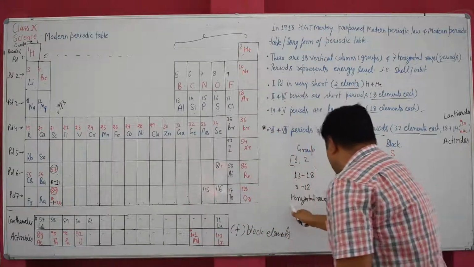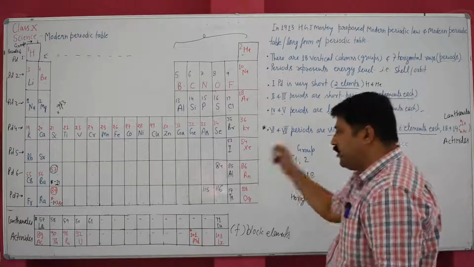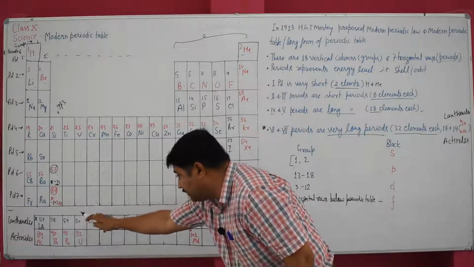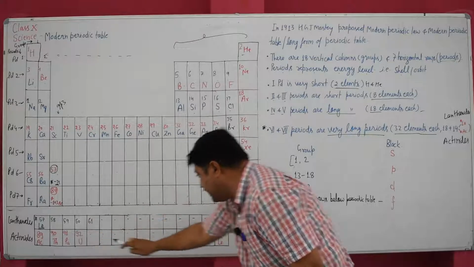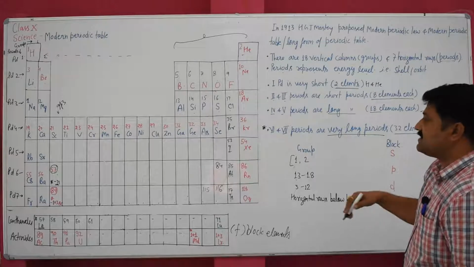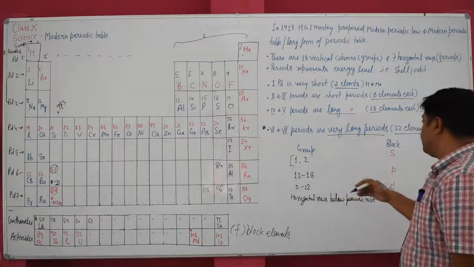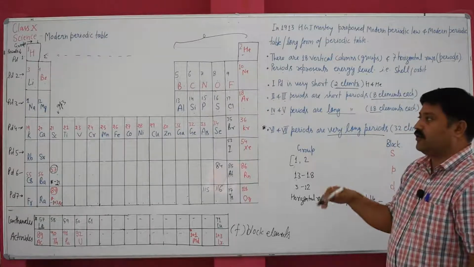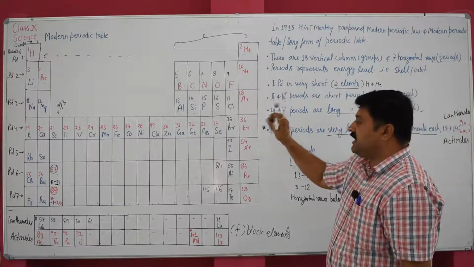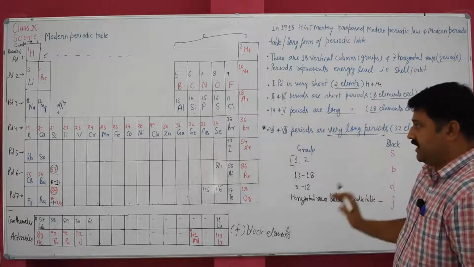And horizontal rows below periodic table, these two, beginning from lanthanum, lanthanides and beginning from actinium, known as actinoids. So you will study in higher classes what are the blocks, what are the electronic configuration and why they are given the names as P, D and F block elements.